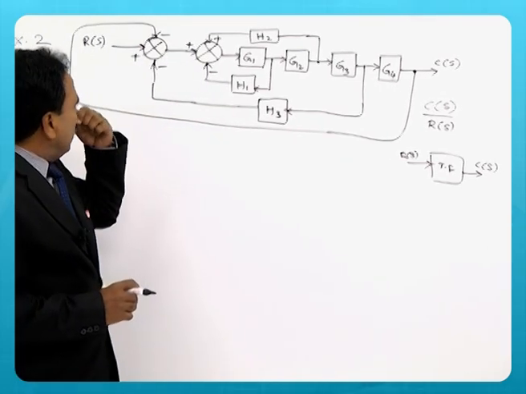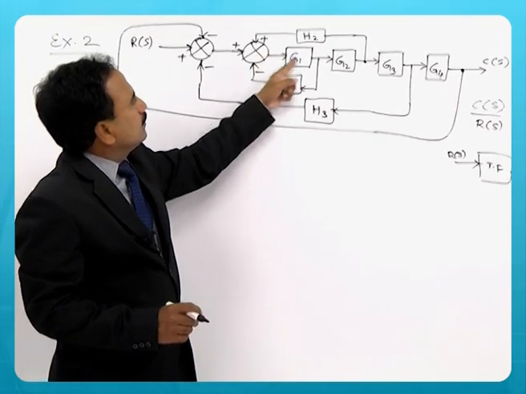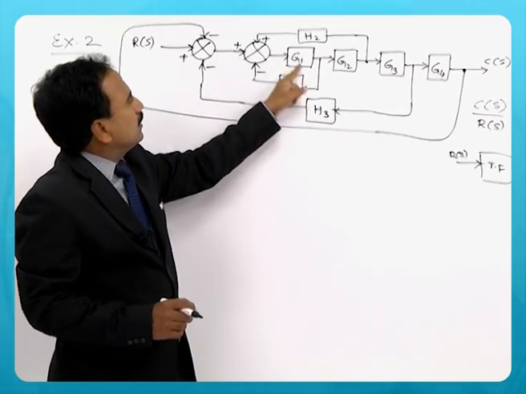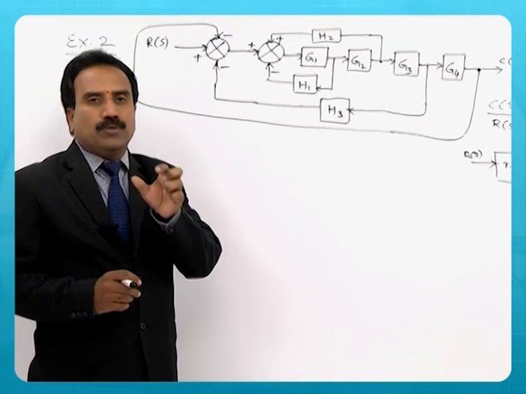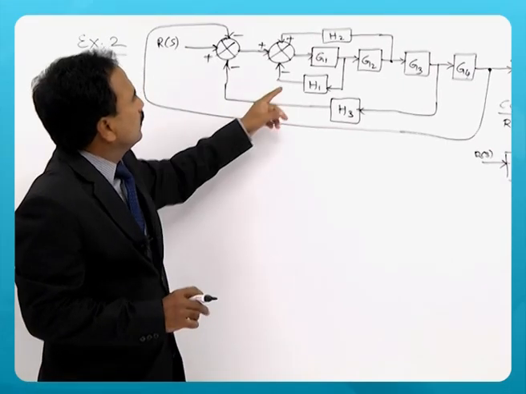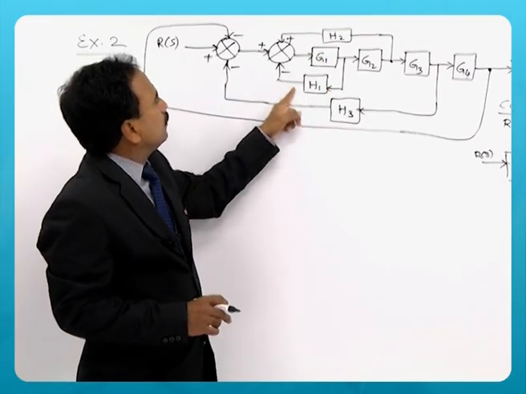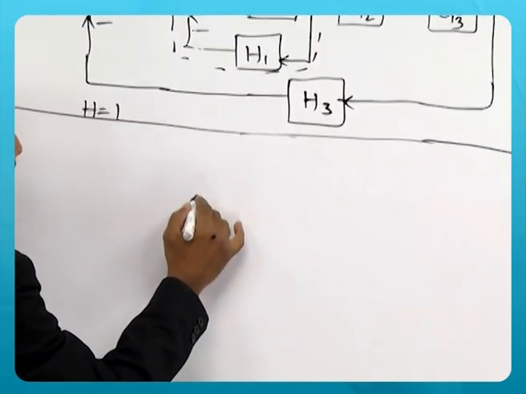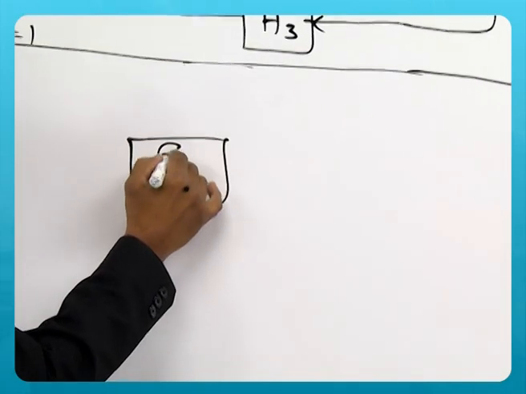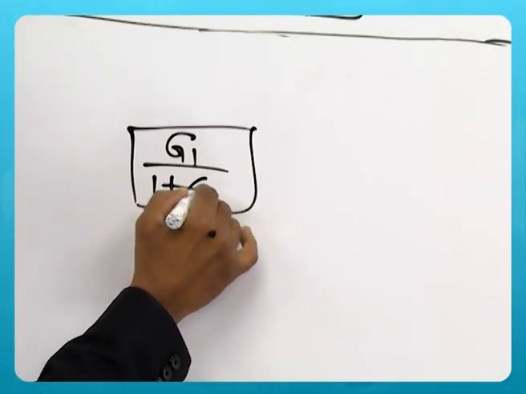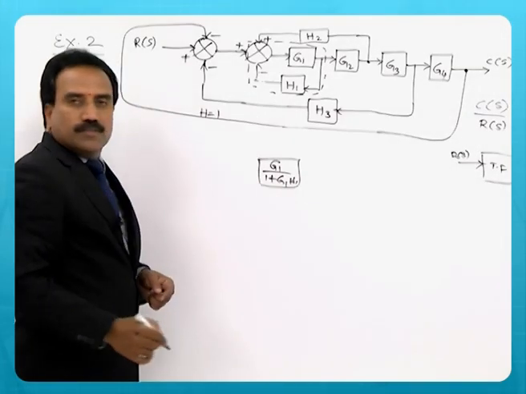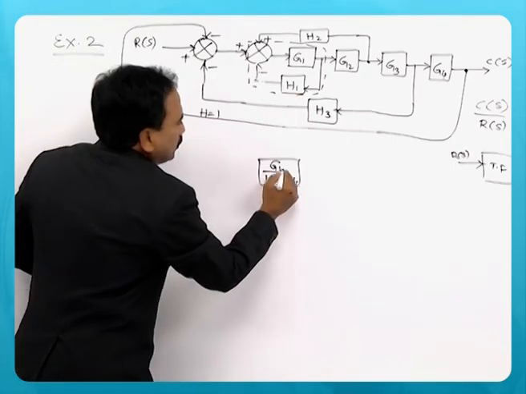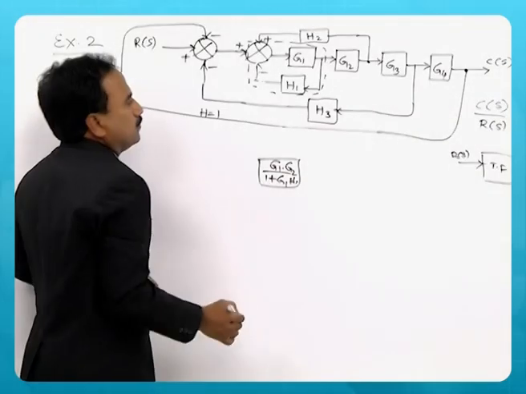So you can actually see it is very clear that G1 and H1 form an inner feedback loop. So G1 with H1 negative sign, you can eliminate this and it will become G1 by 1 plus G1 H1. So that is in cascade with G2, so it is G2.